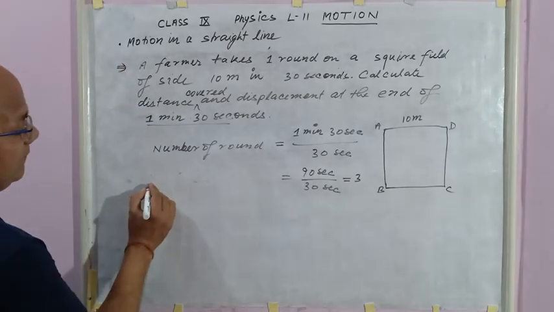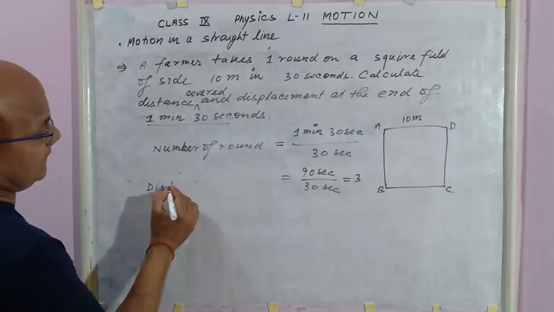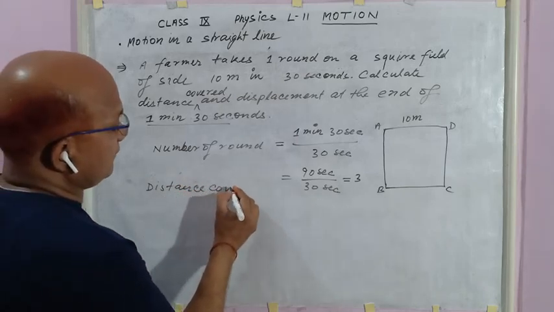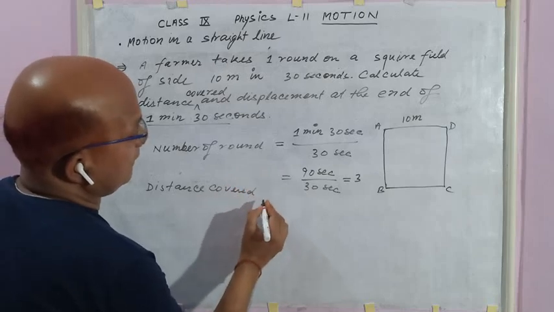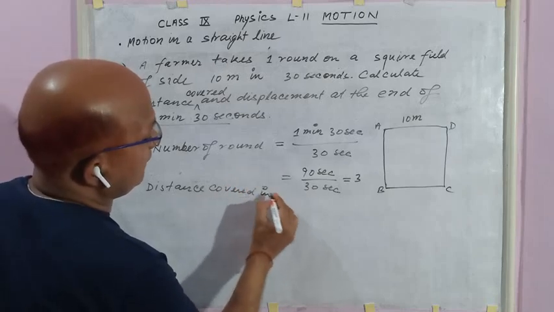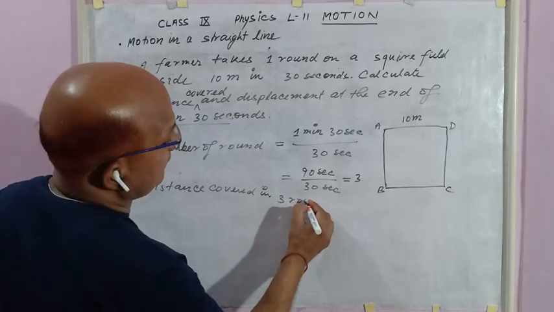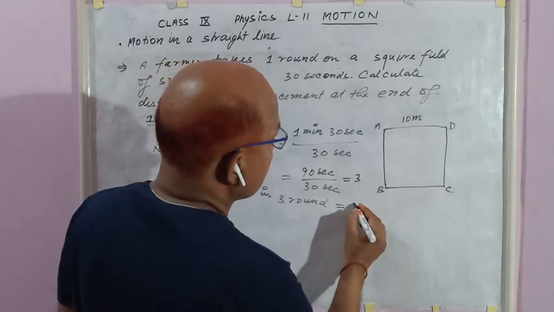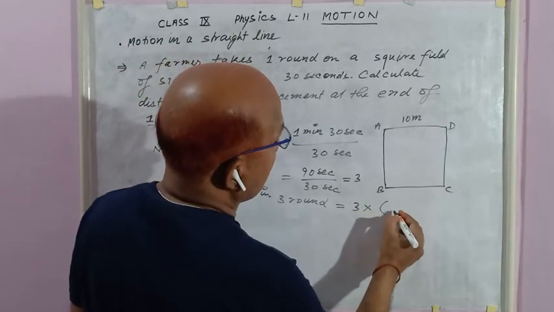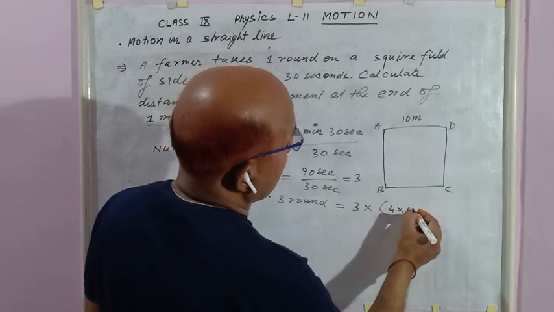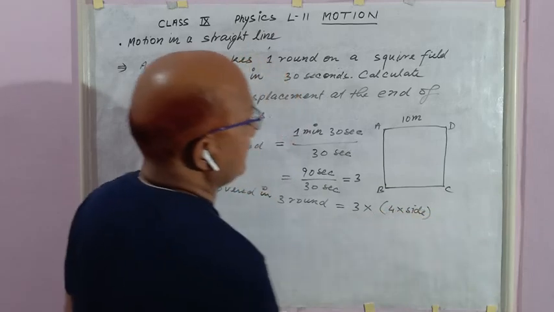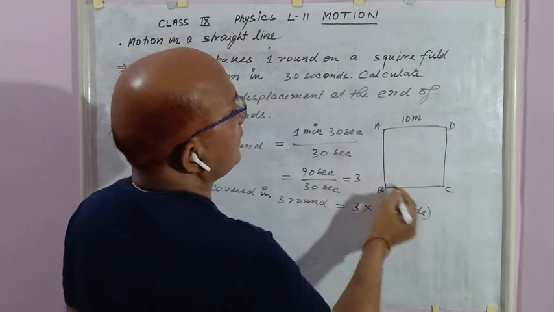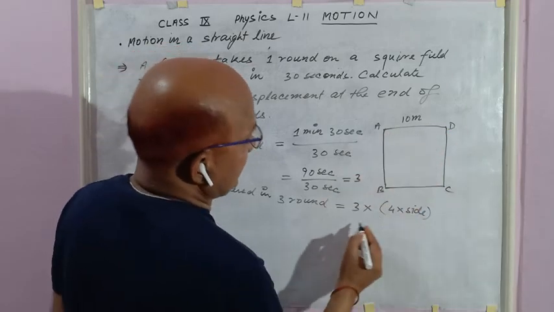So distance covered in 3 rounds is equal to 3 into 4 into side of square, because in one round he will cover 40 meter.